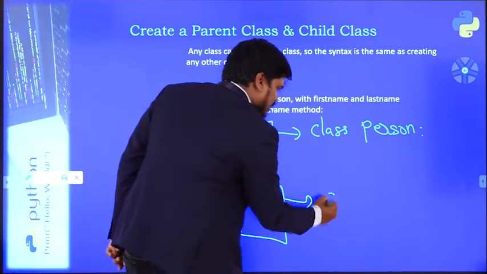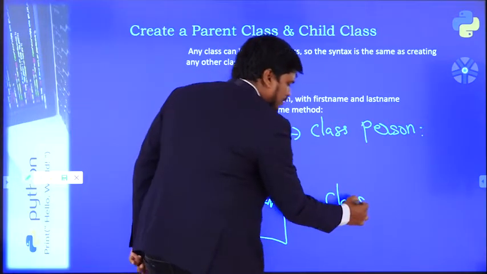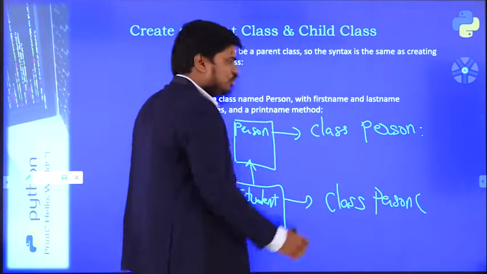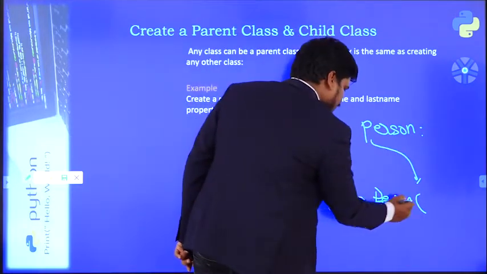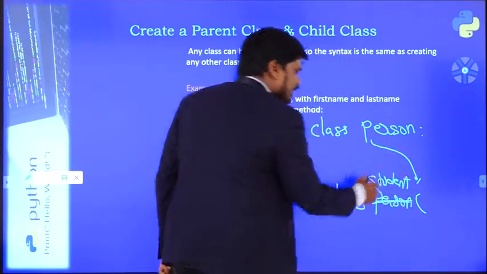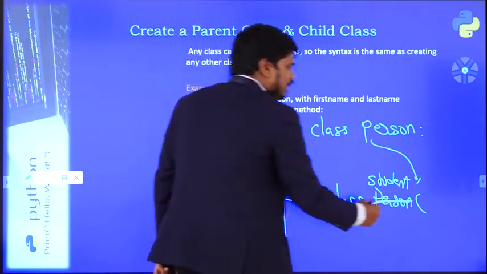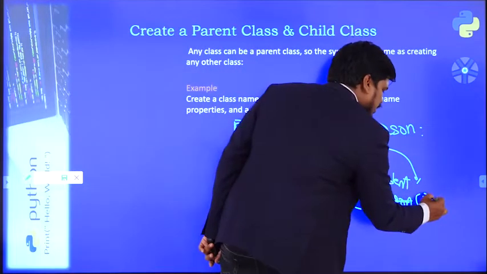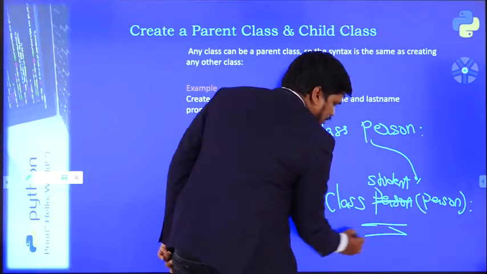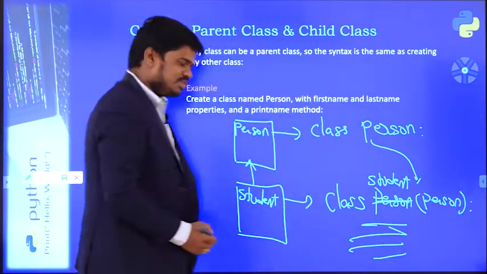So I have written like this: class Person, and then class Student, and inside the brackets you have to pass the name of the superclass, that is Person, and my arguments are closed. Here I have to write all my block of statements.